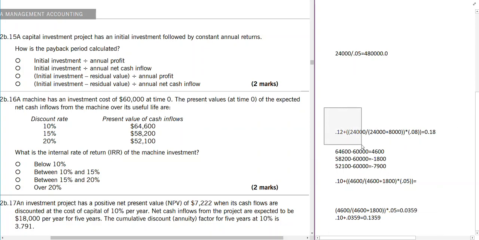If I was calculating IRR using these two negatives, then I would have calculated like this. Minus 1800 divided by lower discount rate, minus into minus equal plus, and then NPV of higher discount rate becomes plus, multiplied by 20% minus 15% becomes 5%.